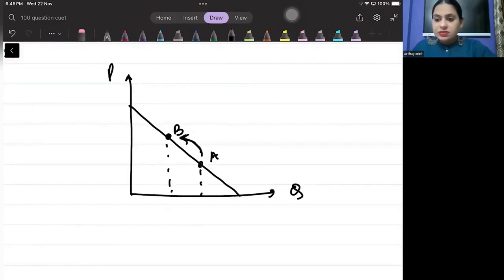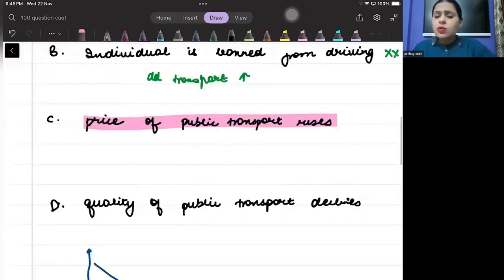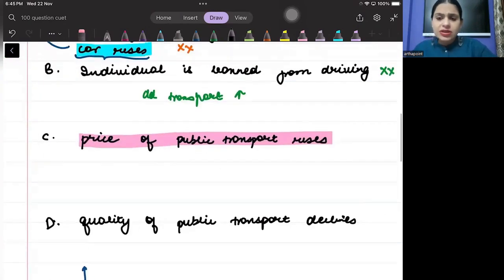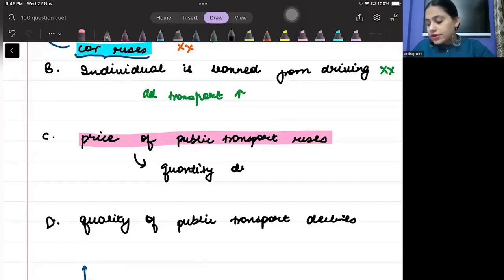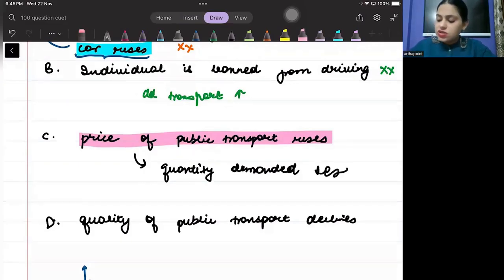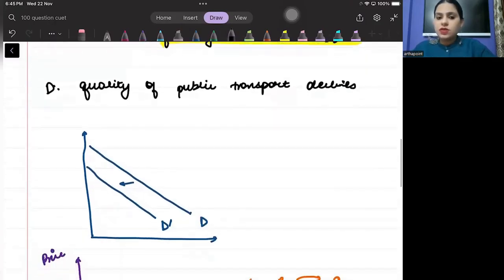Whenever the reason is price, it is always a movement along the curve. So if the price of public transport increases, demand does not decrease; rather, quantity demanded decreases, right beta? So this cannot be correct. There will be no shift of the curve.